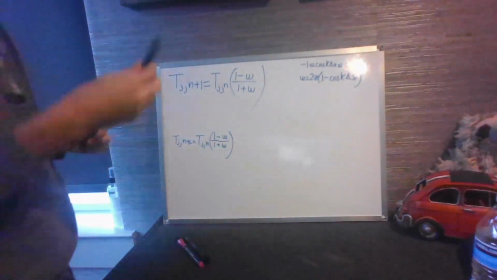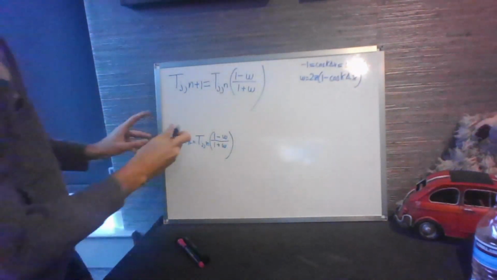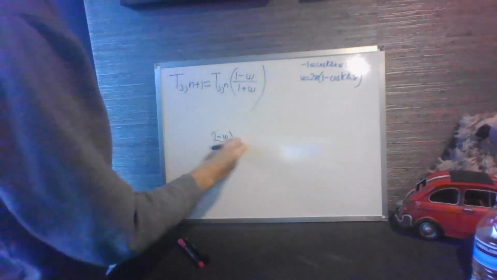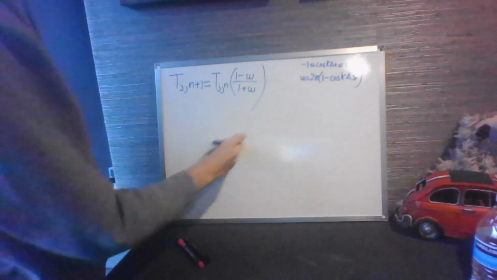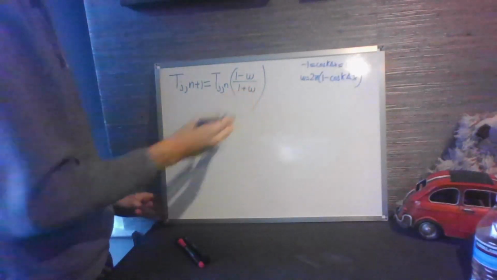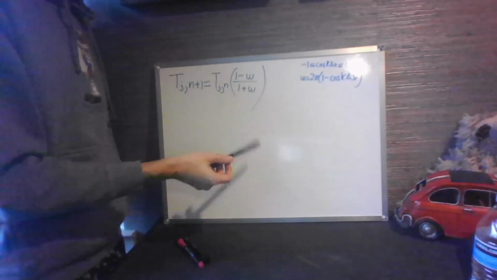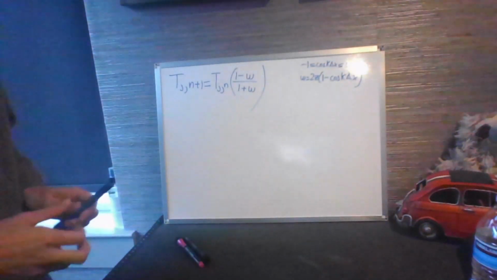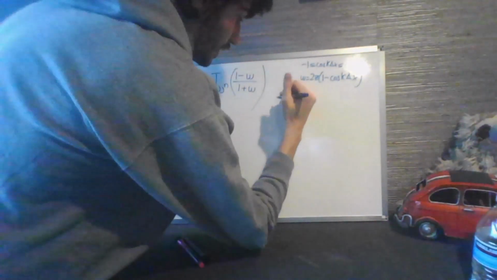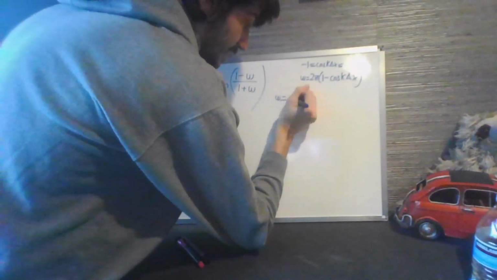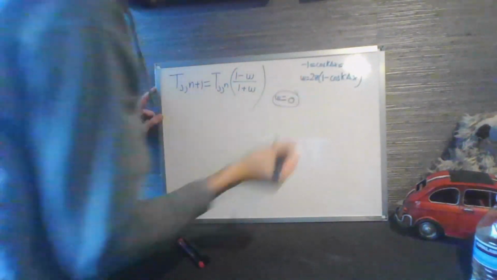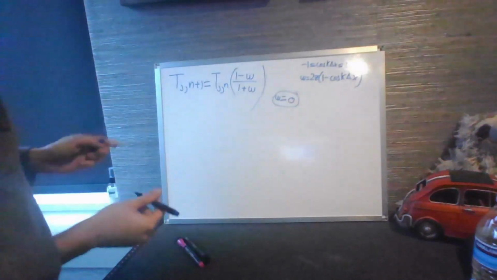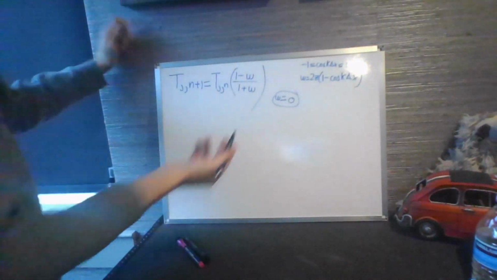Alright, so what exactly does this mean? Well, like I was just saying, there's pretty much no value for which this expression 1 minus omega over 1 plus omega is going to be greater than 1. Only in the instance where omega is exactly equal to 0, there we might have some issues where we get that 1 over 1, right?